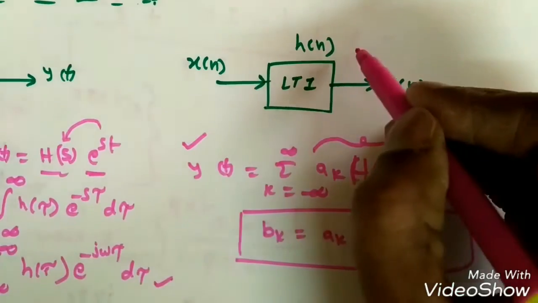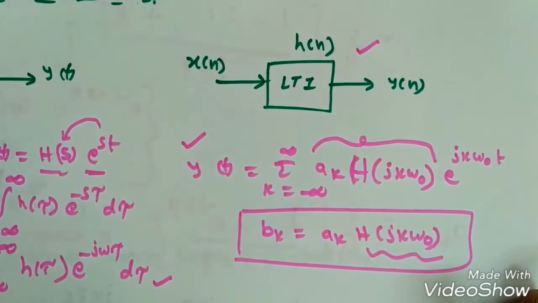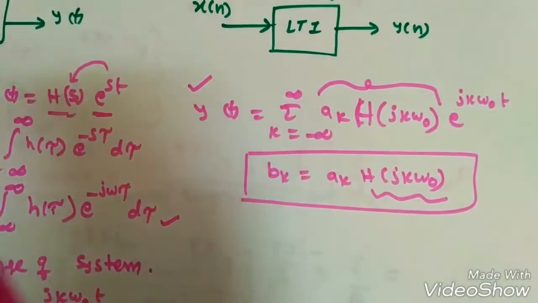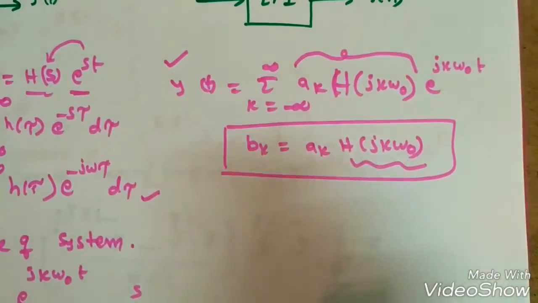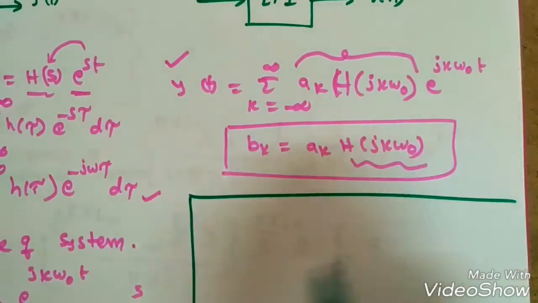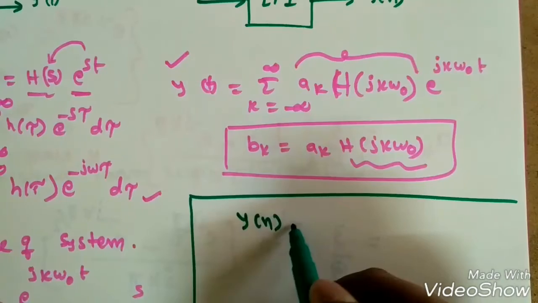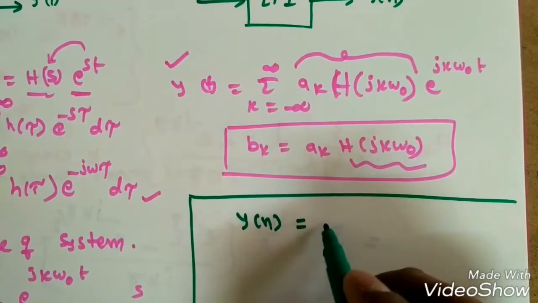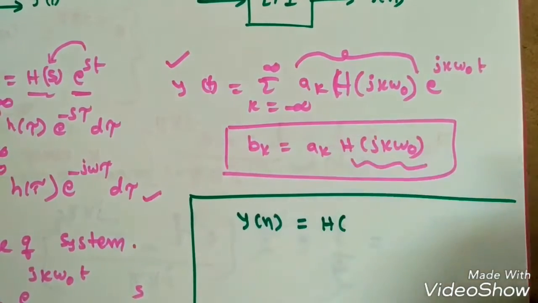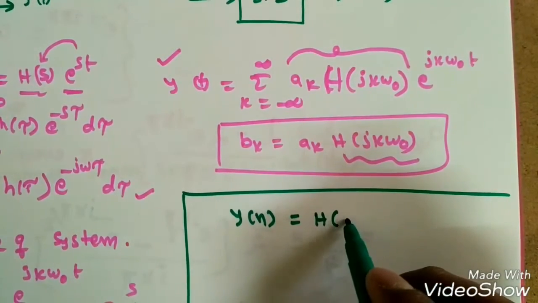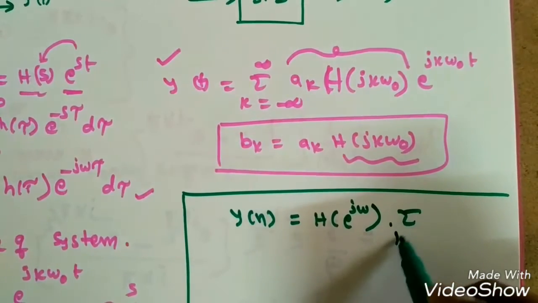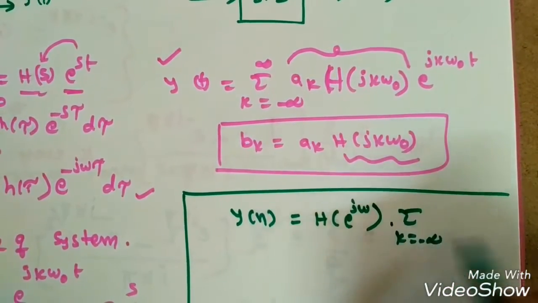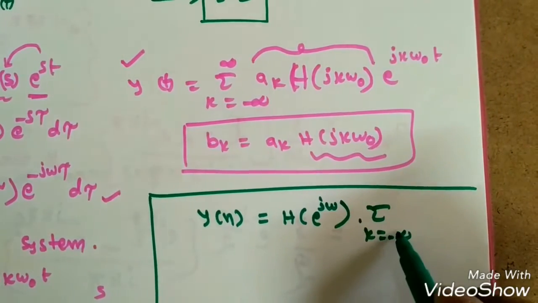Similarly, we can solve for the discrete time Fourier series. Here we will use the Z transform. So what is y of n? y of n is equal to H of z, or we can say e power j omega, into sigma k equals minus... here it's not minus infinity to infinity.